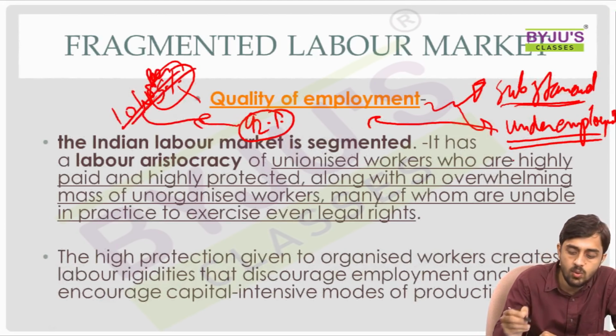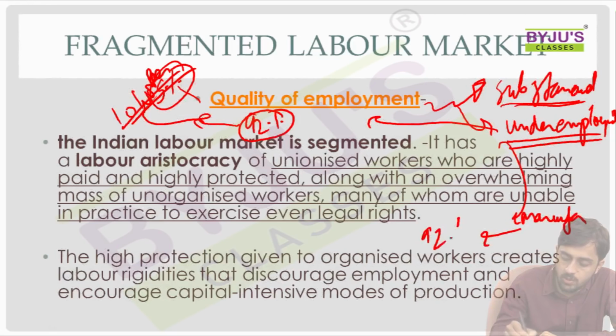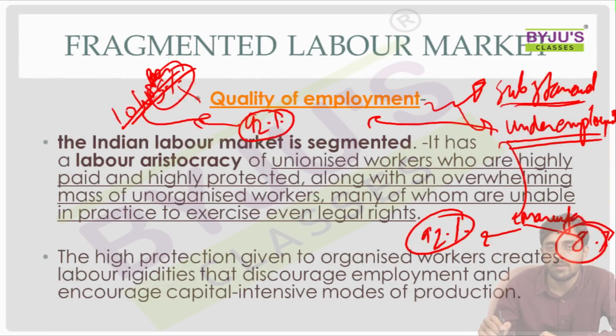So when you see this, you understand that of all the jobs produced in the manufacturing sector, 92% are being produced in those organizations which employ less than 10 workers, and only 8% of the jobs are being produced in the organized sector. So you see that the labor market in India is highly segmented.